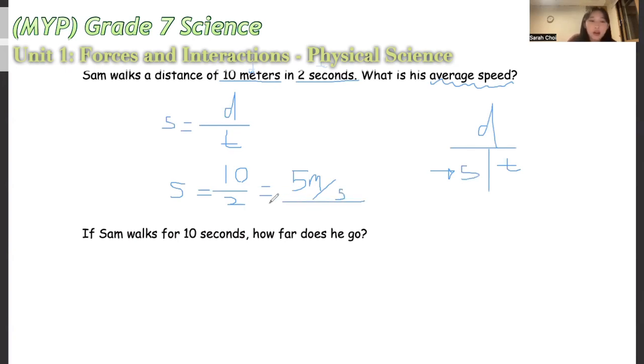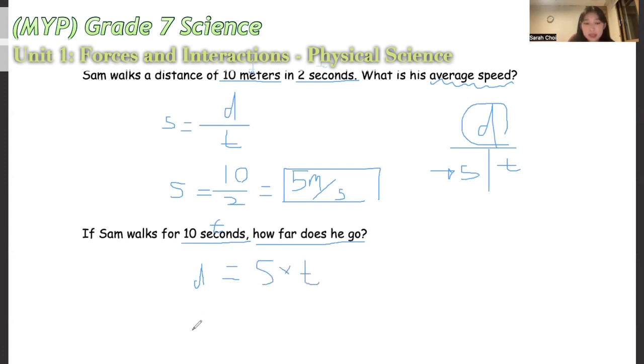So adding on, let's move on to the second question. If Sam walks for 10 seconds, how far does he go? Now this talks about the time and the speed. So we have to find the distance because it says how far does he go. To find the distance, it would be speed times time.